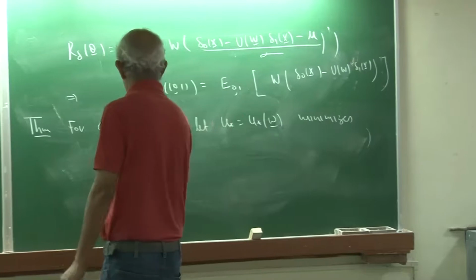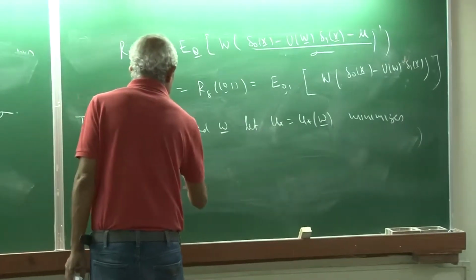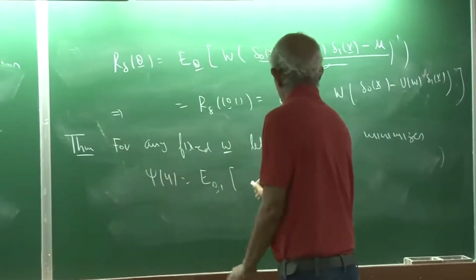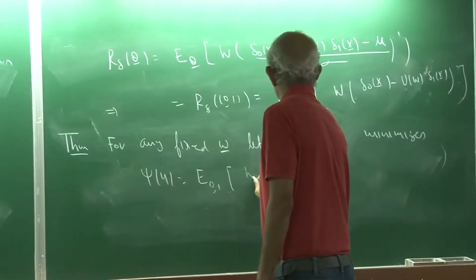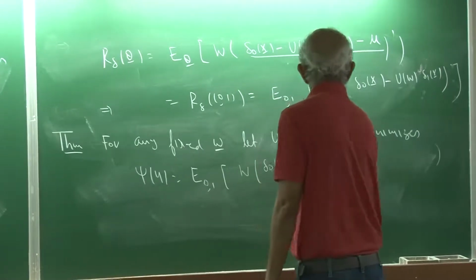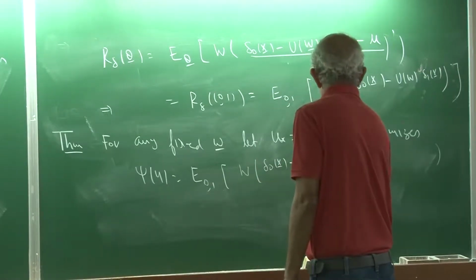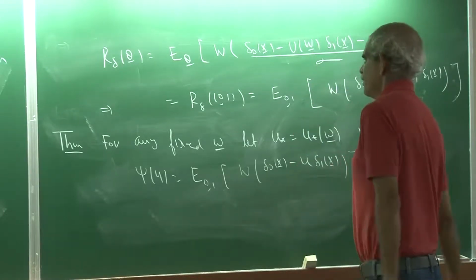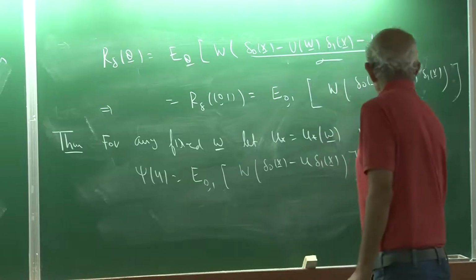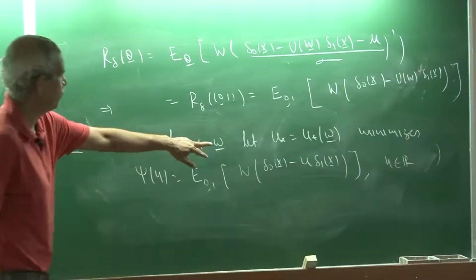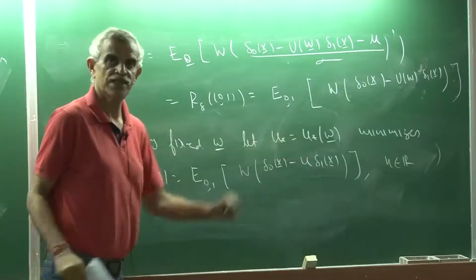So u star minimizes psi of u, which is E of 0, 1 of W of delta naught x minus u delta 1x, u belonging to R. Of course, such a minimizer would depend on what w has been fixed, so that is why u star of w.